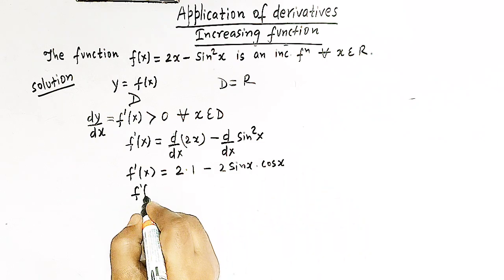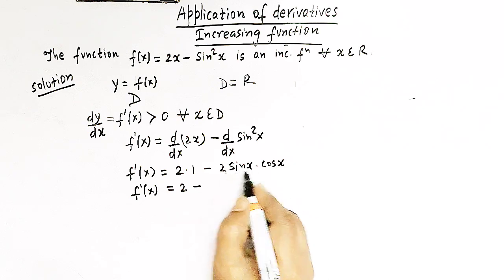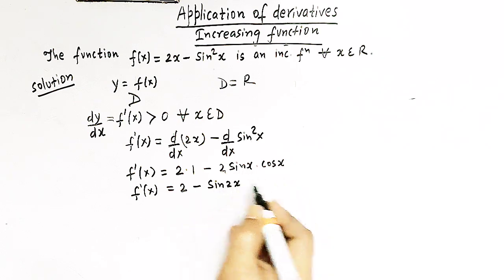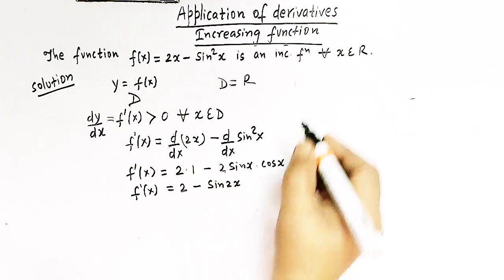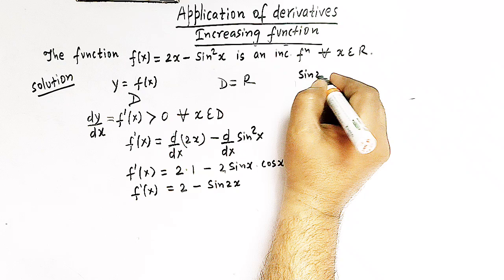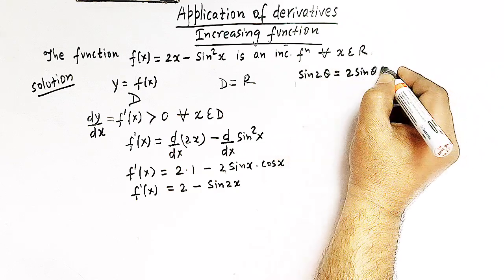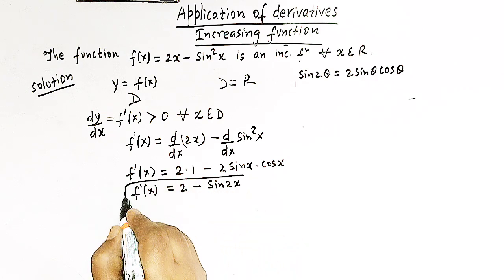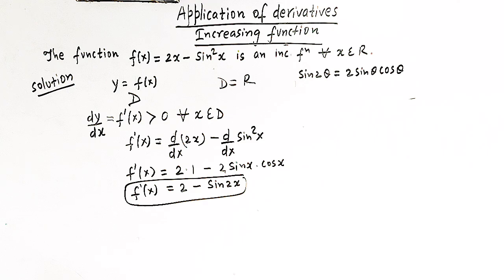So we have f prime of x is equal to 2 minus 2 sine x cos x, which is sine 2x. This is the double angle formula, because we know sine 2 theta is 2 sine theta cosine theta. So now this is the expression for the derivative of the function f of x.